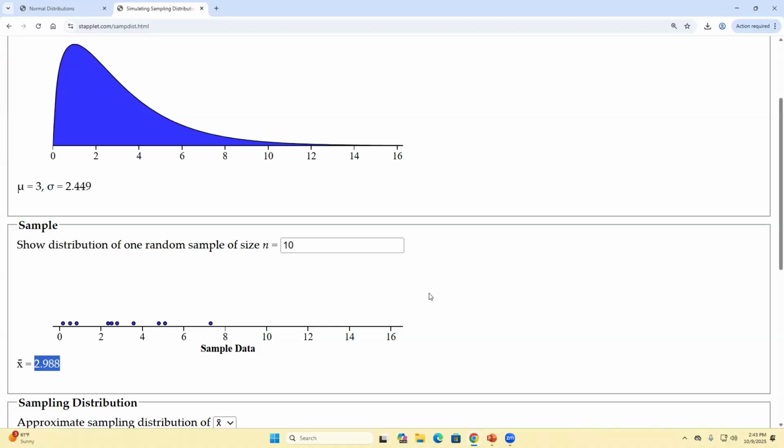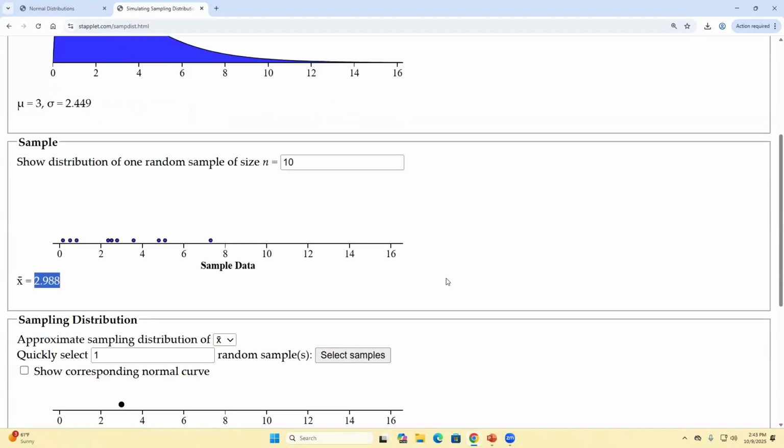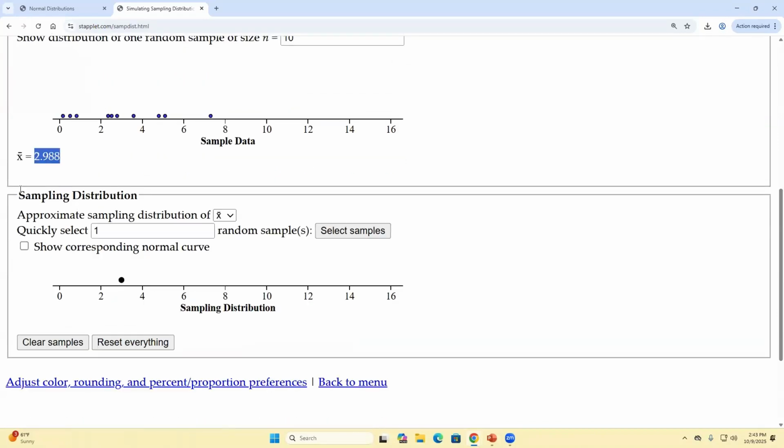Okay, so I mentioned that there was a third distribution, and if we scroll down now, we'll see that third distribution. And what this one is, this is a sampling distribution. What the sampling distribution is, is a distribution that is not made up of individuals, it's made up of sample means. So it's not individual people from the population, it's a group of people, a sample, you take their mean, and they get 1 dot on this sampling distribution here.